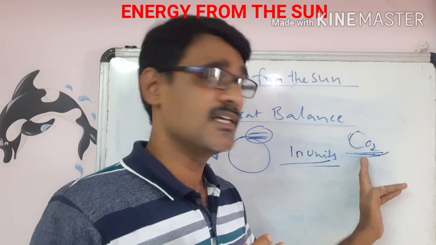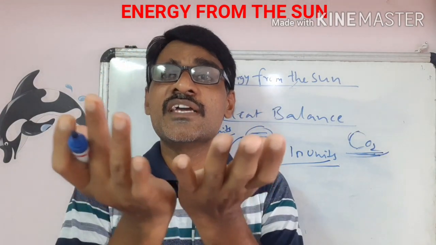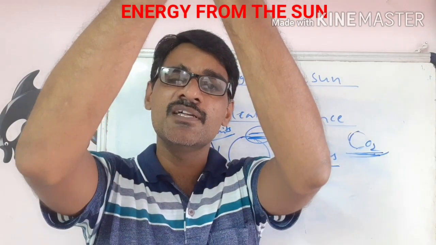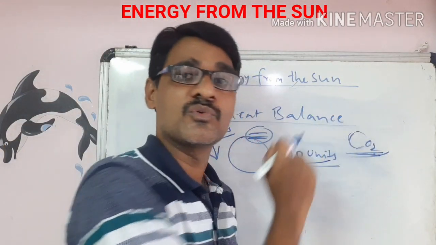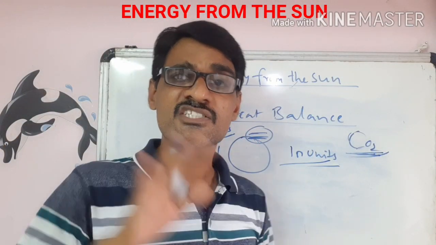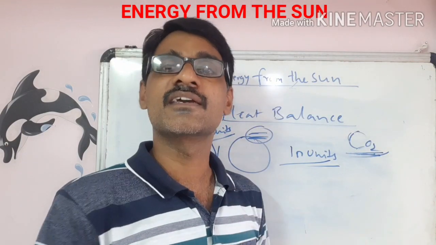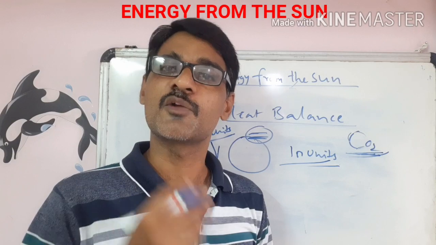The CO2 obstructs the terrestrial radiation, the heat going outward from the earth's surface. Some portion of the terrestrial radiation is stopped by the excess CO2 and other gases, chlorofluorocarbons.